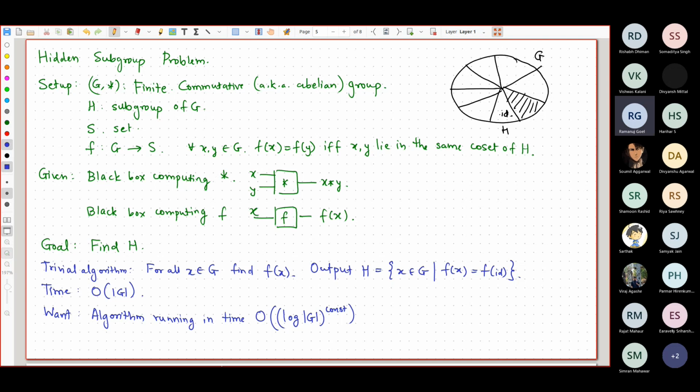Yeah, got it. So size S is something. Let's not just think about S. Let's just assume that S is a reasonably small size set. So we want an algorithm which runs in time polynomial in the logarithm of the size of G.